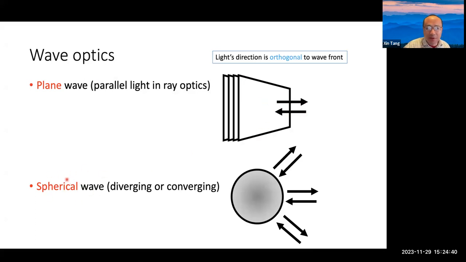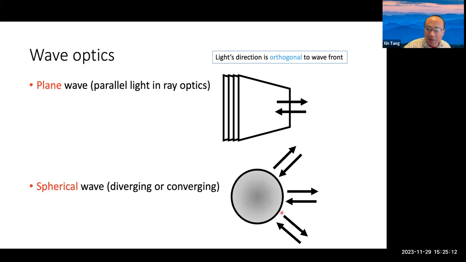Another one is called a spherical wave. If the light goes out at an angle, then from the center on, they gradually expand the wave front, and each spherical surface here consists of the wave of the same phase, and then they continue to expand.